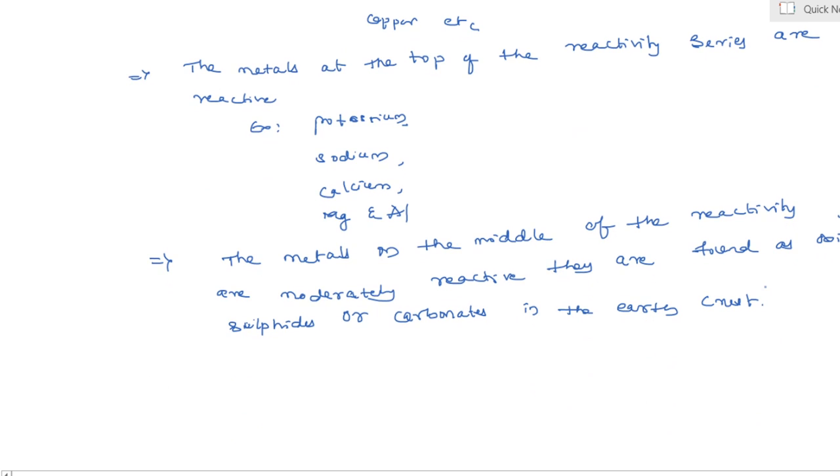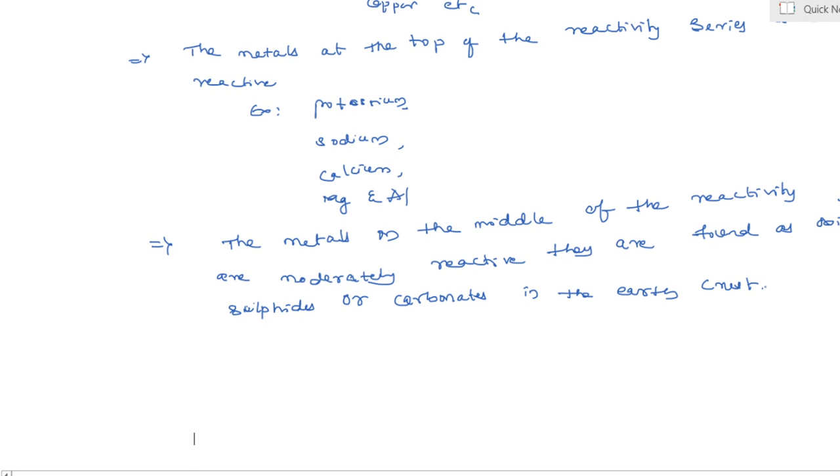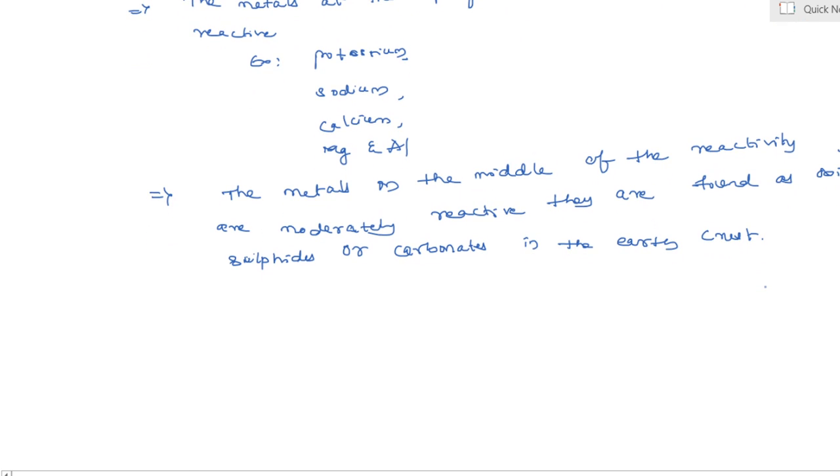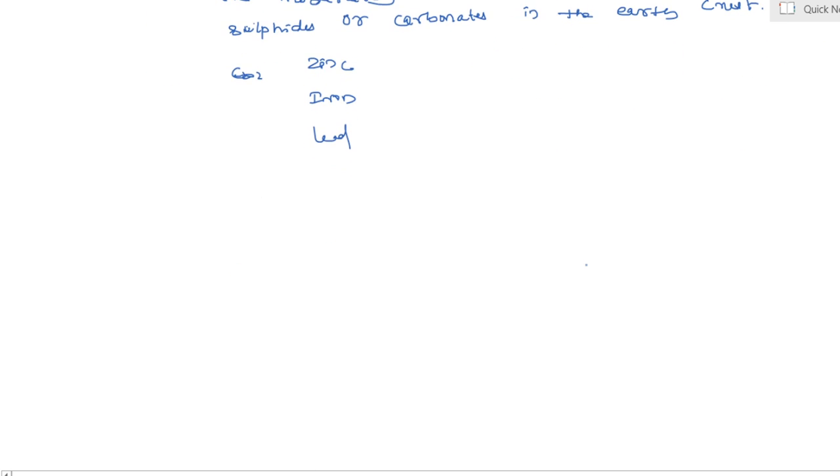Next, third one, the metals in the middle of the reactivity series are moderately reactive. They are found as oxides, sulfides or carbonates in the earth crust. Yes, my dear students, examples are zinc, iron, lead, etc. Let us see enrichment of ores.